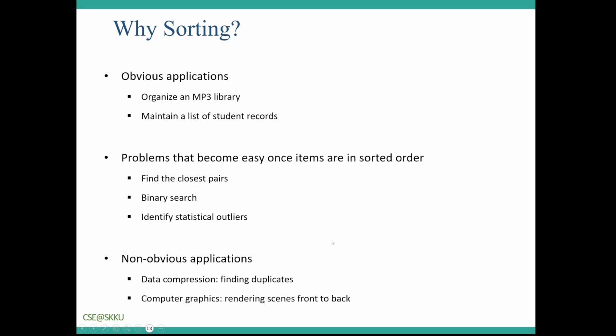Even in less obvious areas like data compression, where we search for duplicates, or in computer graphics, where scenes are rendered from front to back, sorting still plays an important role.